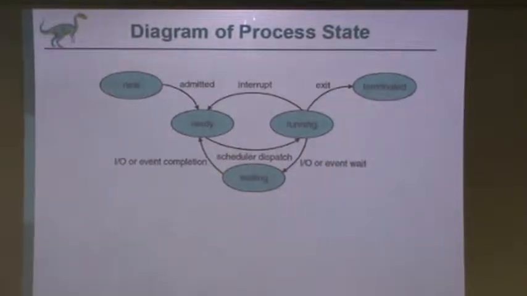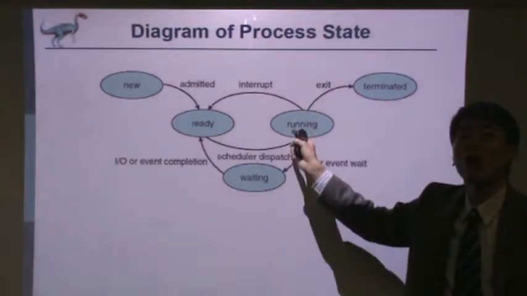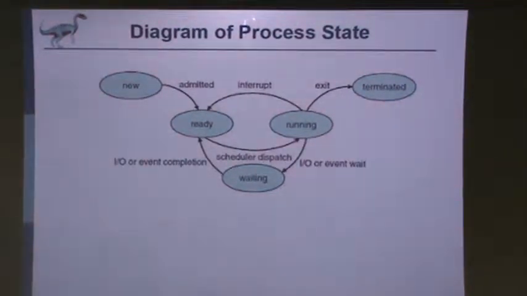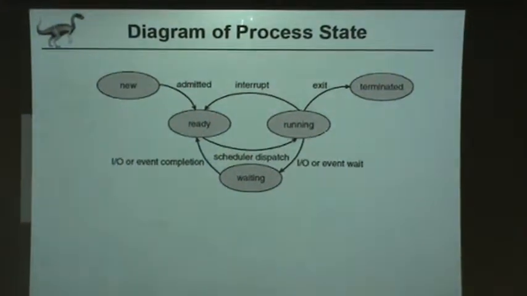However, there are several different cases in which the process is moved to another state. For example, if the running process asks for I/O, input and output, there's nothing you can do, so you just need to wait. That means we move that process to the wait state, and then another process will be selected.